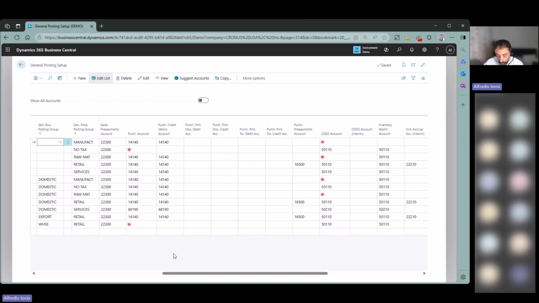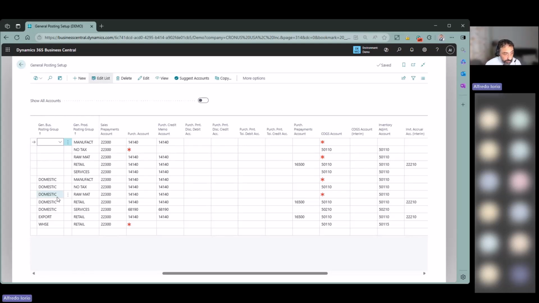But again, as I said, I'm going to explain more in the next webinar, where I will cover inventory posting and inventory costing. Essentially, a purchase account in Business Central is what nets off and balances out accounts payable.